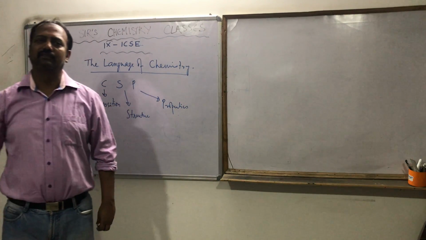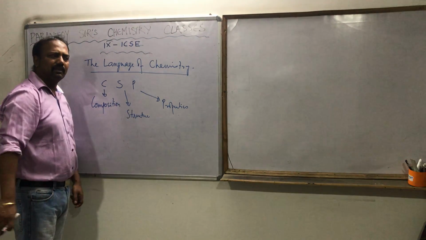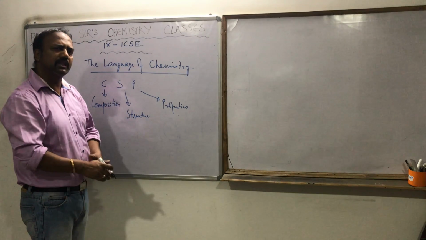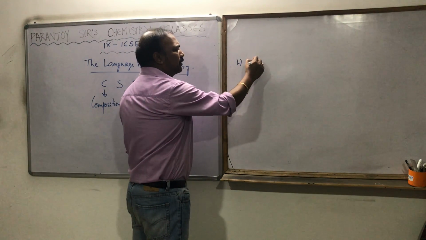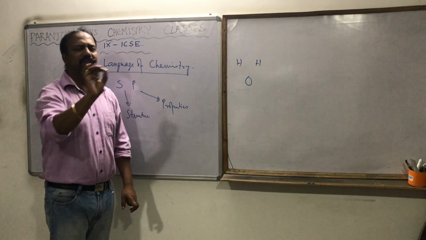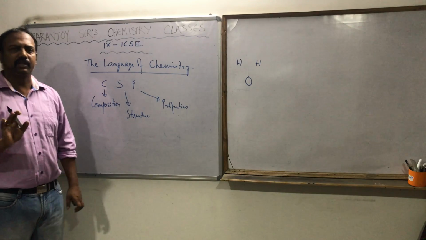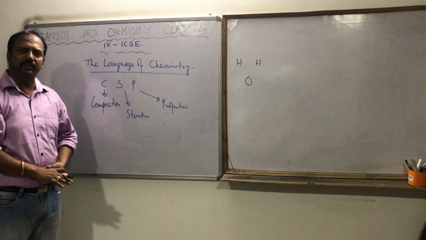Then structure. How many hydrogen, how many oxygen are present in water? There are 2 hydrogen atoms and 1 oxygen atom, because you know the formula, that is H2O. Everybody in the world knows it.